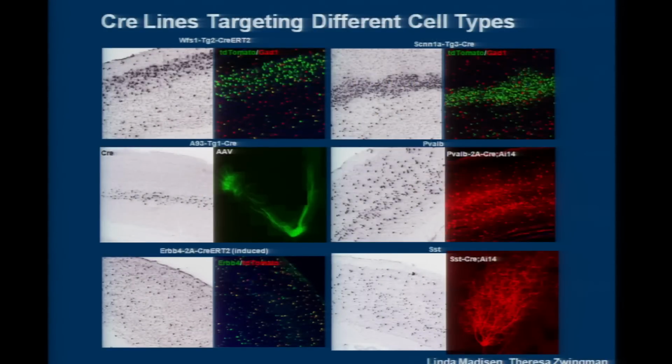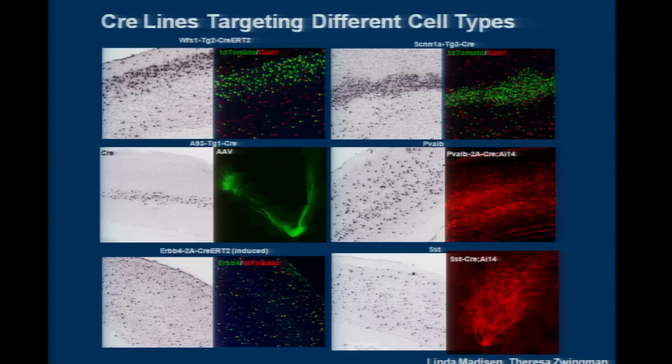So like many other groups, we have started a systematic effort to generate different kinds of Cre lines to target different cell types. And here is just an example of some Cre lines that we have generated. We started with taking a BAC transgenic approach, like the GENSAT project.